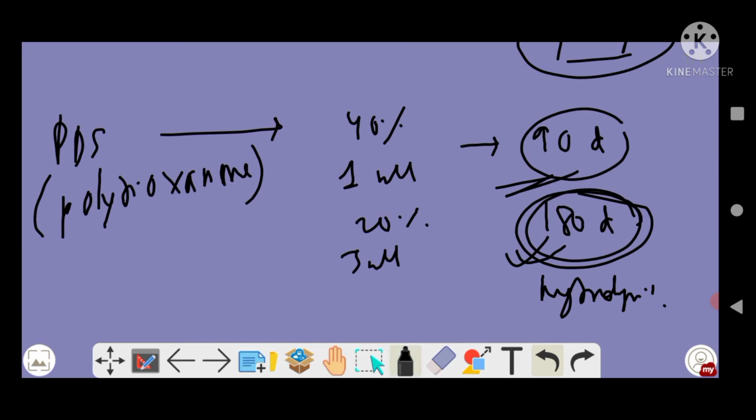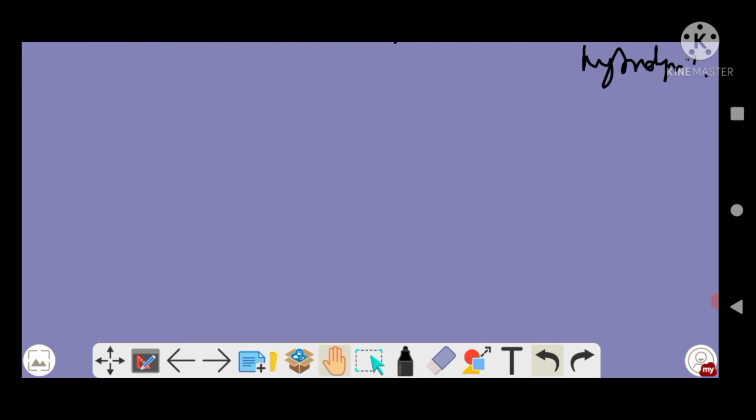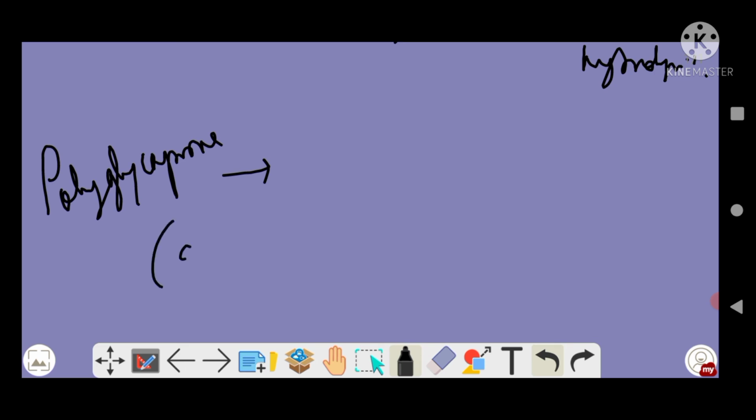Okay, now let's move on to polyglecaprone. Now it is a copolymer of glycolide and caprolactone. Glycolide and caprolactone.